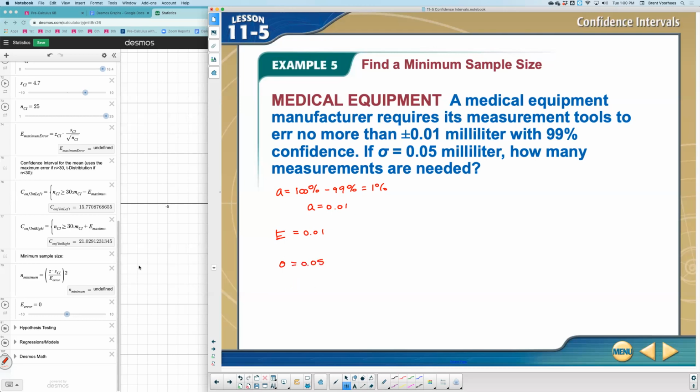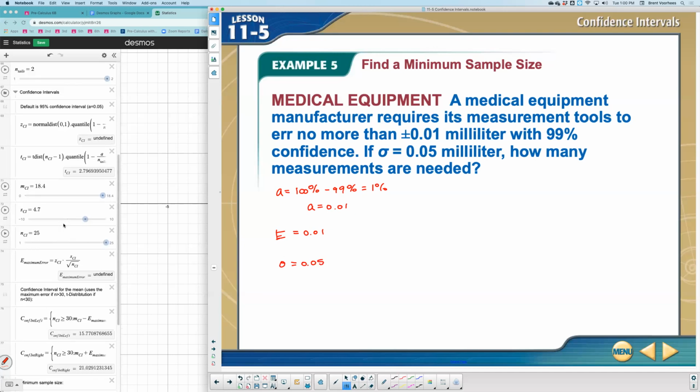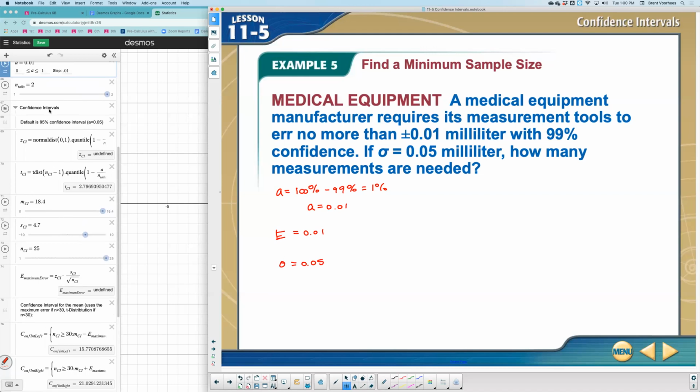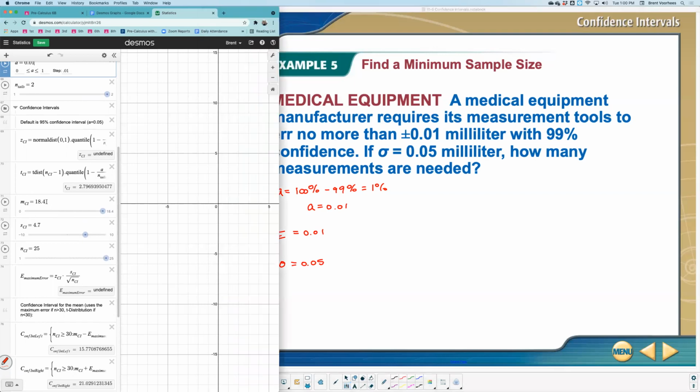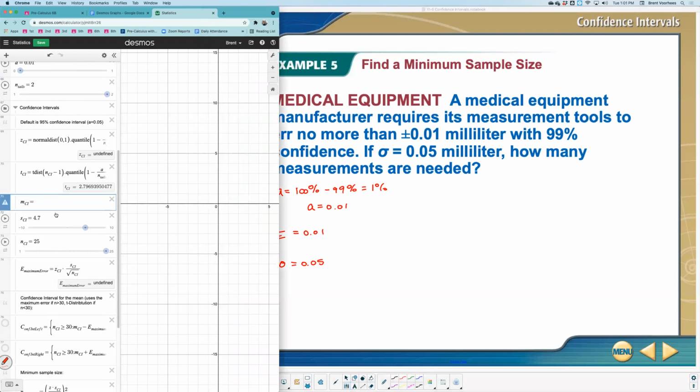Okay, so I'm going to come over here to my calculator and plug in these values. The first is the alpha, which is 0.01. We have that in there. We don't know the mean, so I'll just delete that. The standard deviation is 0.05. We don't know how many samples we have, so I can delete that.